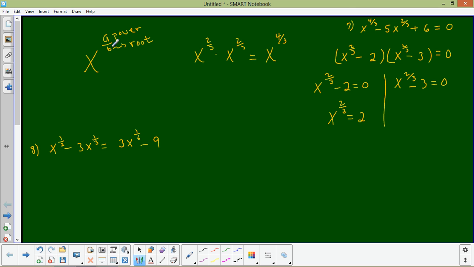So when you have a fractional exponent, right, that's old school notation for this. It's the b root of x, the root of x to the a power, or if you prefer, it's the b root of x to the a power.